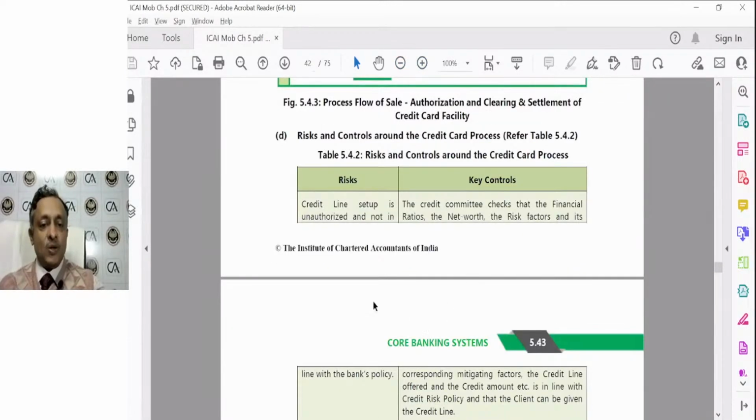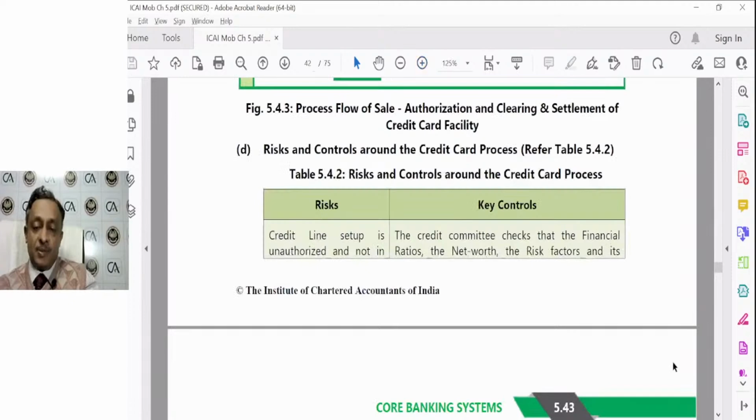Yes. So the credit line setup is unauthorized, not as per bank policy. Now this is clear. In this case, the credit card owner is going to get a credit, an advance, so it has to be as per the financial ratios, income statements, net worth, and risk factors of that specified customer.